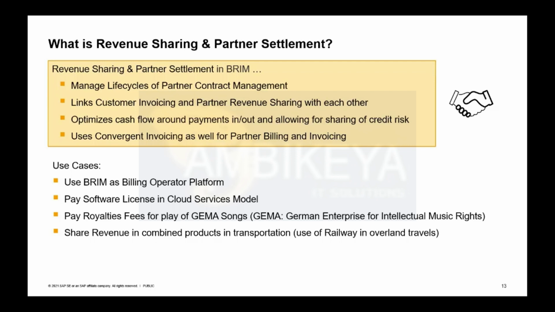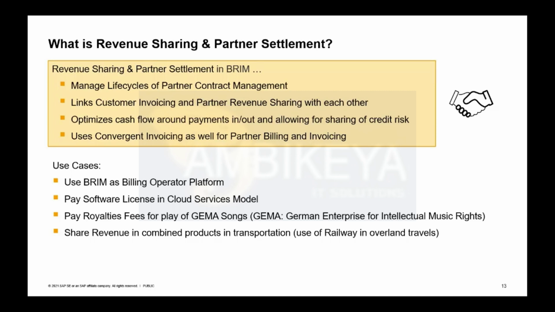In consequence, we have a lot of use cases with platform operators, for example in railway transportation or also in telecommunication networks, that use BRIM as a billing operator platform, because it supports all processes and you also have high volume in these industries.